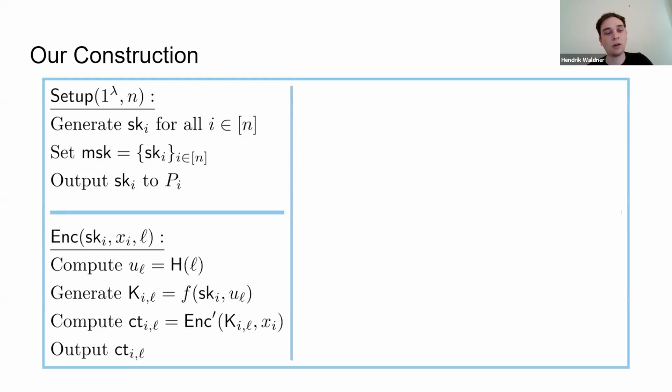To then generate an encryption of a message under label L, we first query the random oracle on this label. Then we use the secret key together with the random oracle output to generate a key K_{i,L}. The function used to do this depends on the underlying hardness assumption, so it differs. Then we can use this key K_{i,L} together with the message X_i to generate the final ciphertext.